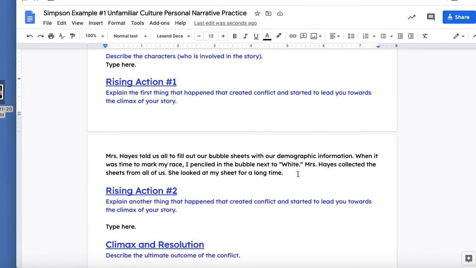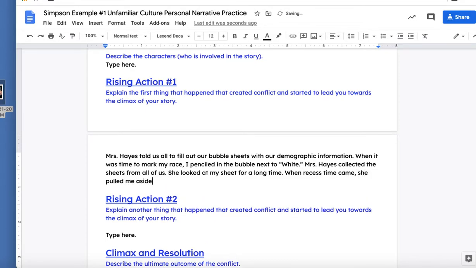Okay, so she looked at my sheet for a long time. When recess time came, she pulled me aside. I'm going to add some dialogue. She said, why did you mark white as your race?